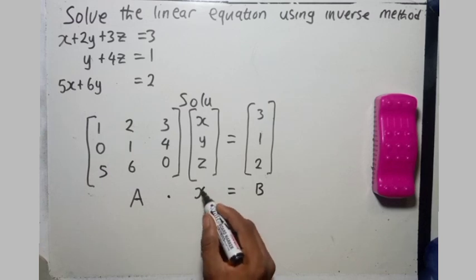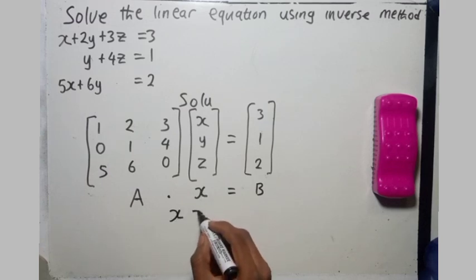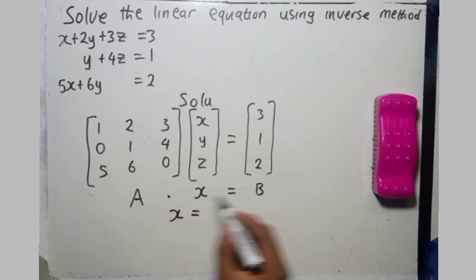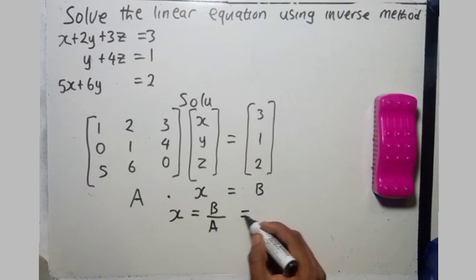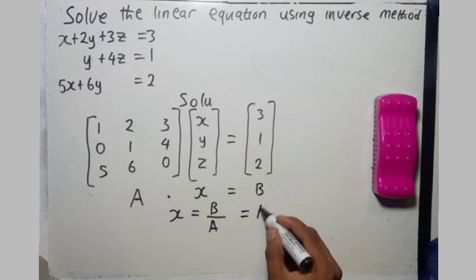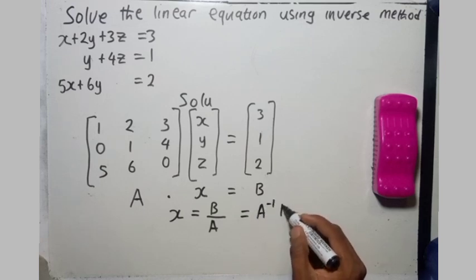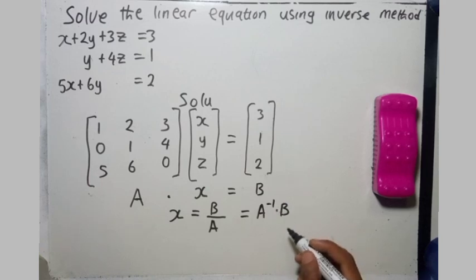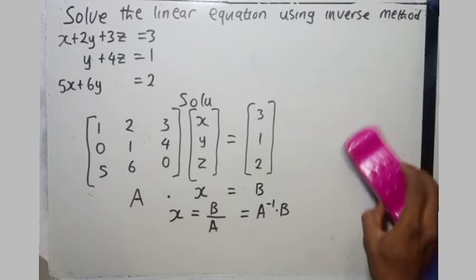For you to make x the subject, you divide both sides by A because they are multiplying, and you have x equals b over A. But in matrix, this is not how we write it. We prefer to write it in its indices form, which is A raised to power minus 1 times B. So this is what we are trying to get.